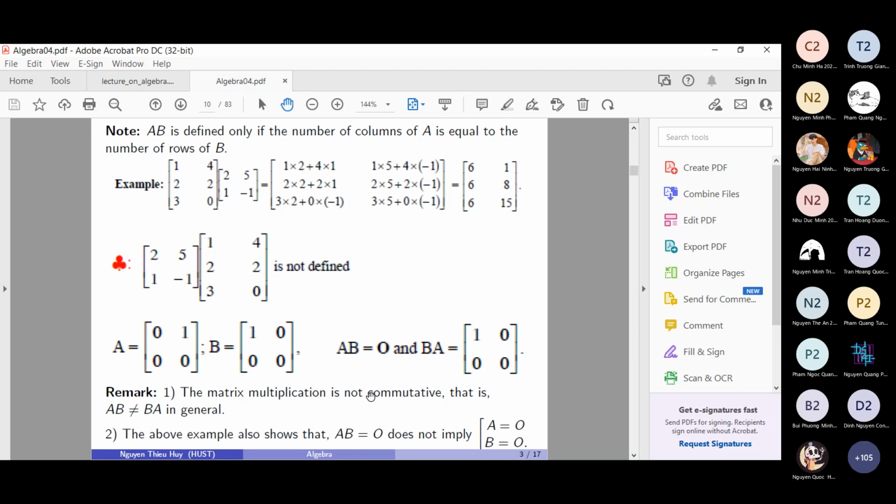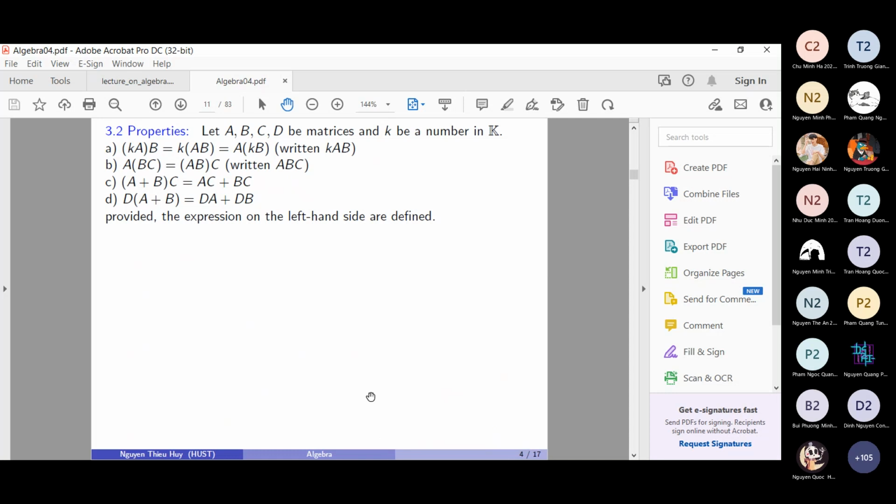Good. So now we are going to the next property. You see here that I list the properties, and you can use them when you are working on the exercises.